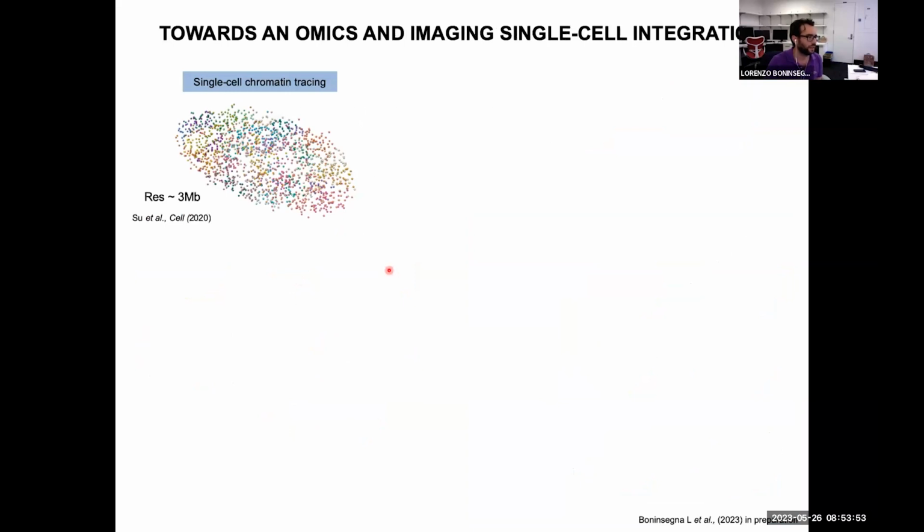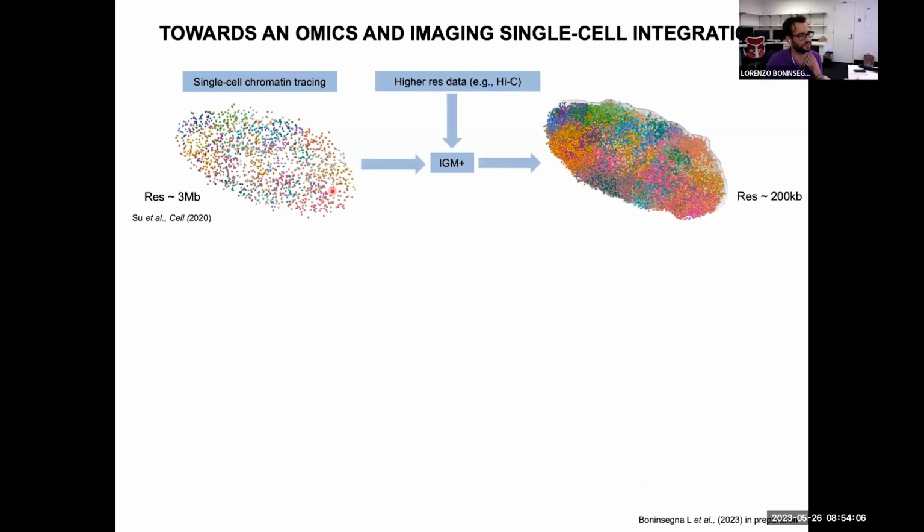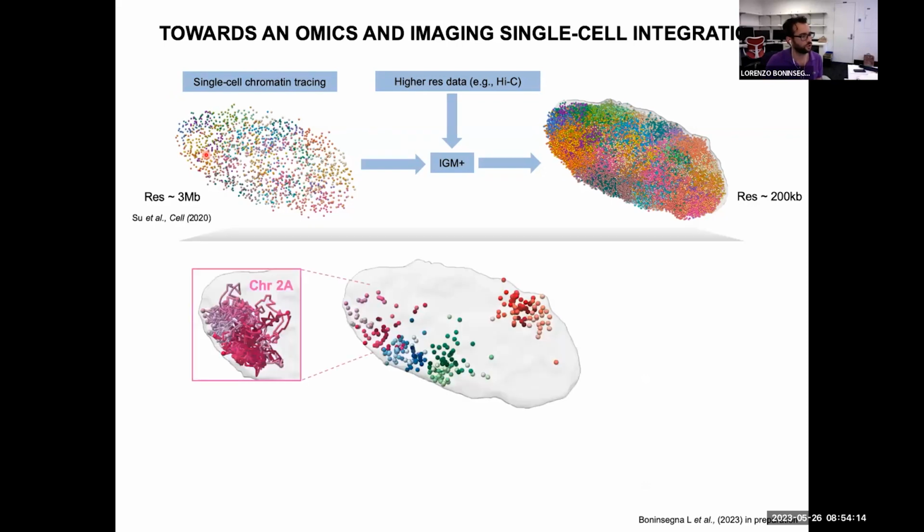And finally, as we're talking about single-cell imaging integration, something that we can do now is to use single-cell chromatin tracing data, in combination with higher resolution data, to produce higher resolution single-cell models, as you can see here, starting from the DNA FISH data. So really, we can use higher resolution data to trace chromatin.